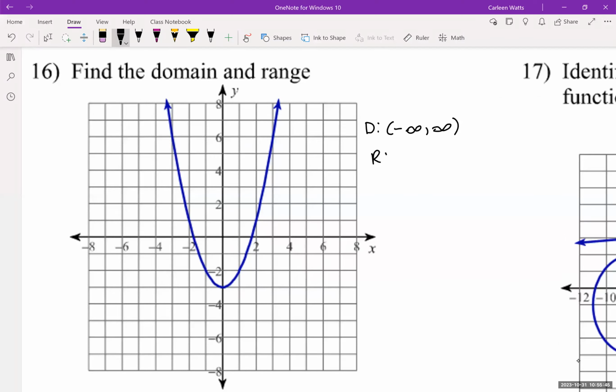The range for a parabola will have a bottom number, and then we'll go up to infinity. The only time this is different is if it's facing down. Then it'll start at -infinity and we'll have a top number. Okay, so what is the bottom number for the range of the graph? -3. And it actually touches the -3.